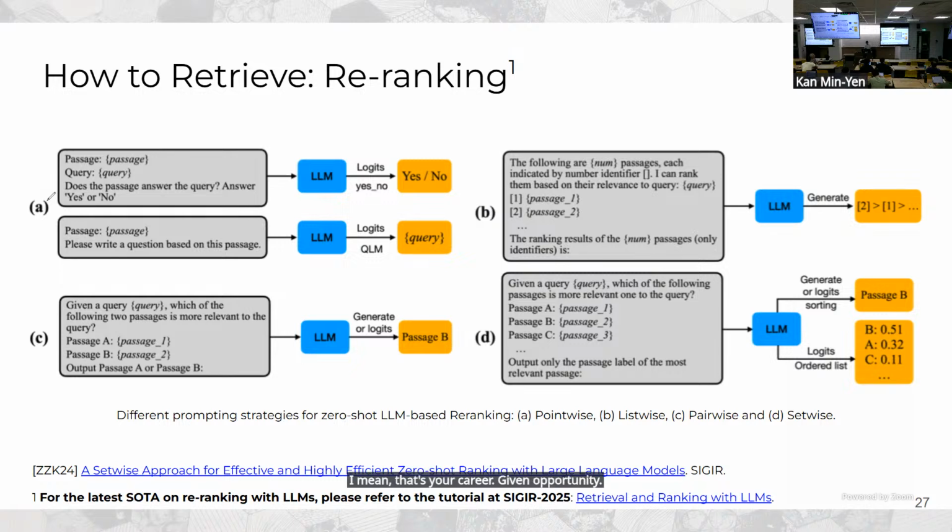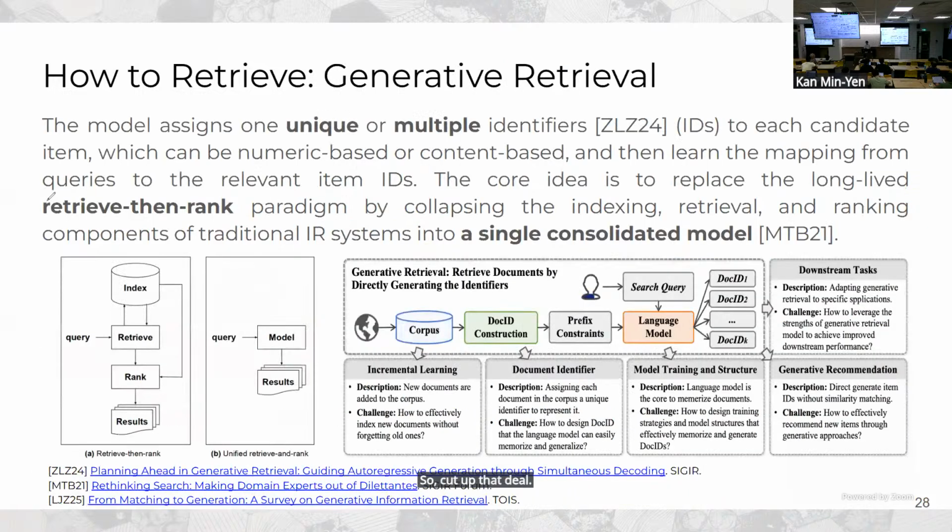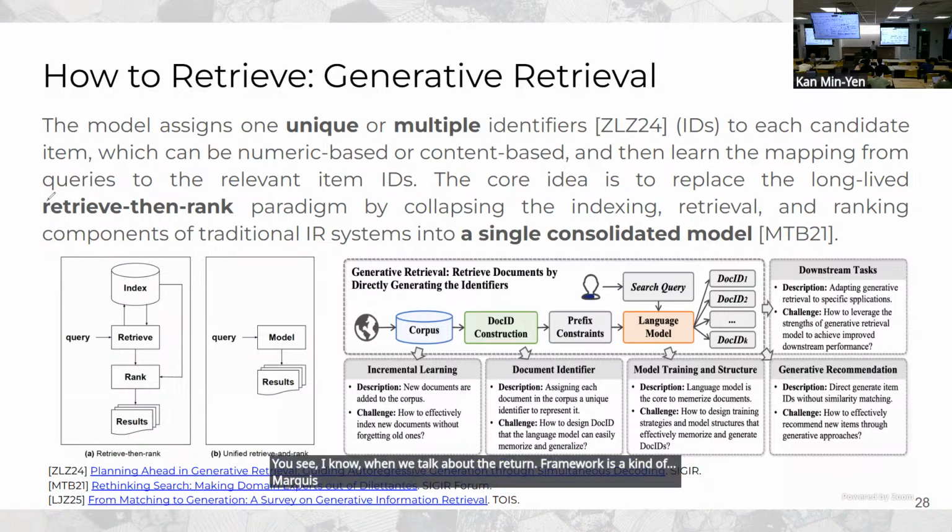Because of time, we'll continue to the next one, which is also very interesting. It's called generative retrieval. Right now, when we talk about the retrieval framework, it's a kind of multi-stage retrieval pipeline as shown in this figure, Figure 8.